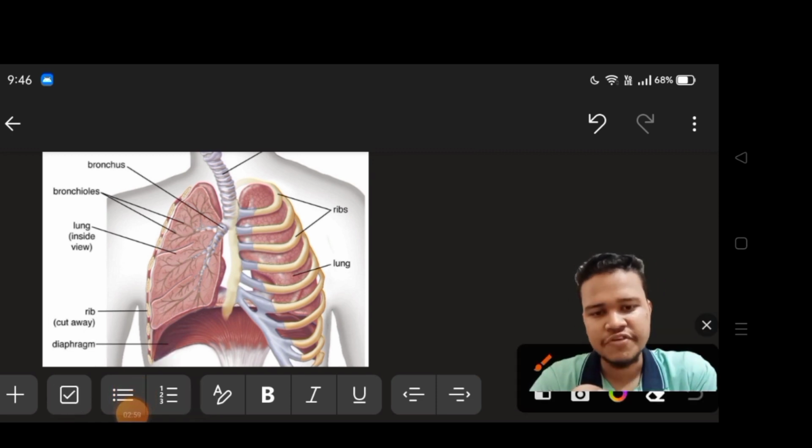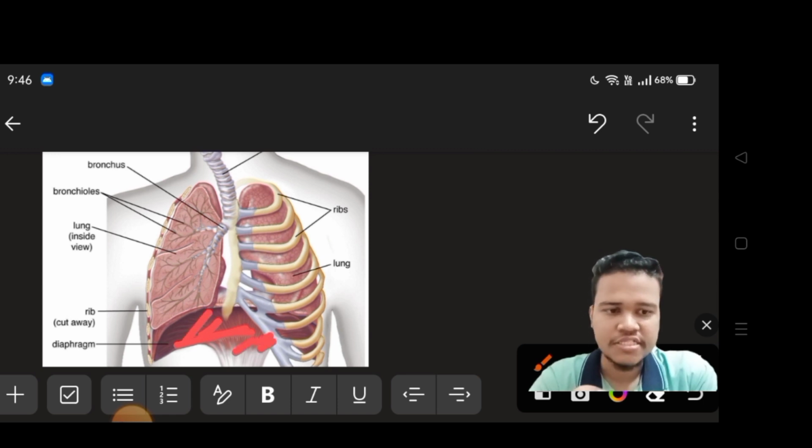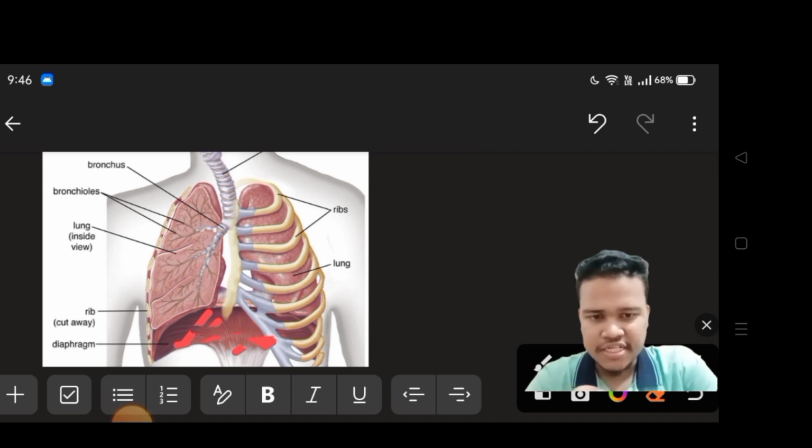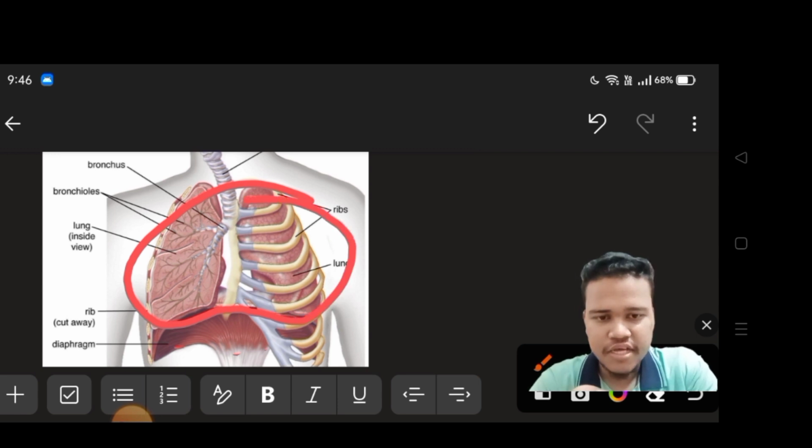In this video, if I mark that this muscular area is our diaphragm, then you can understand that the marked structure is the diaphragm. It separates our lungs, our chest cavity, and below the diaphragm is our abdominal cavity.